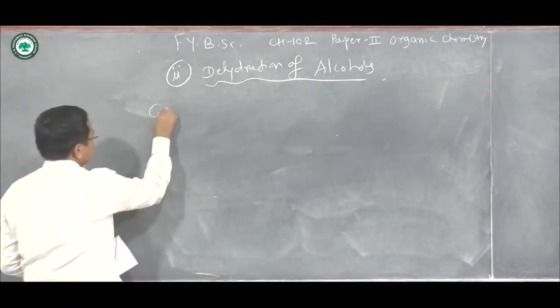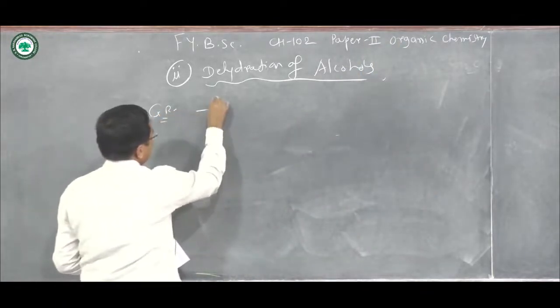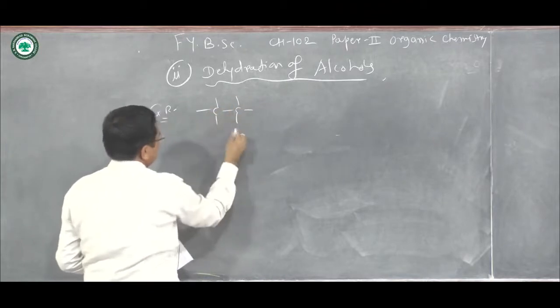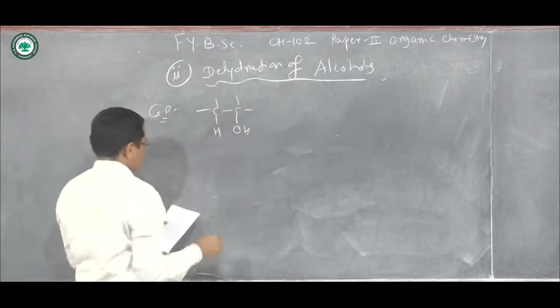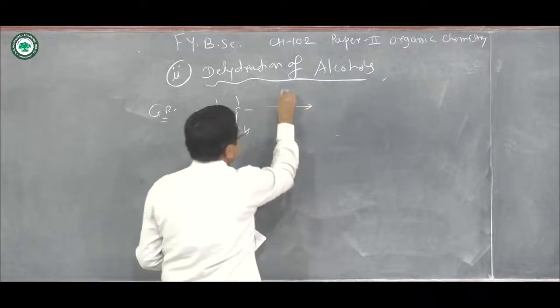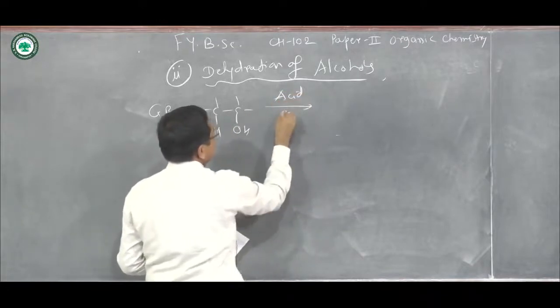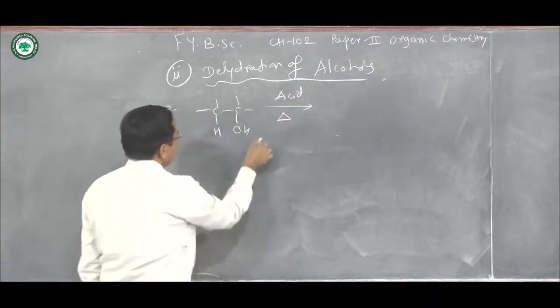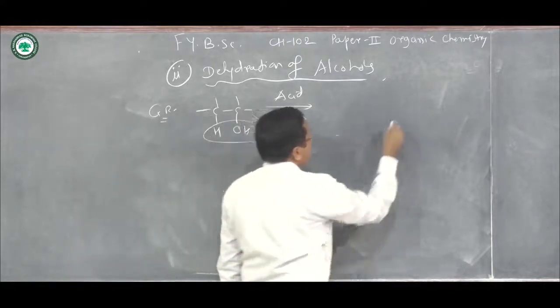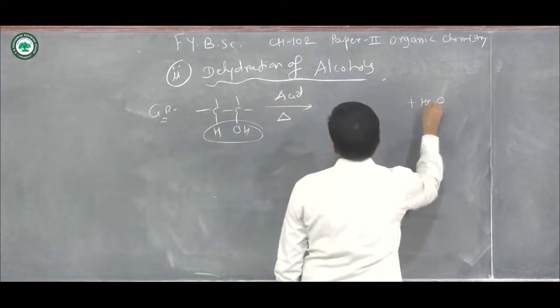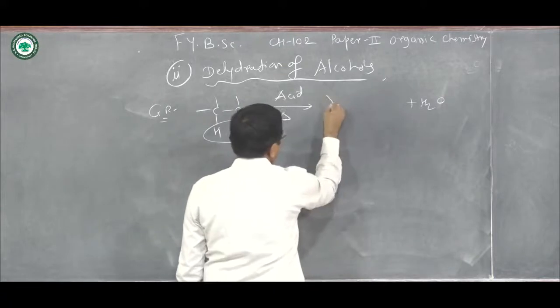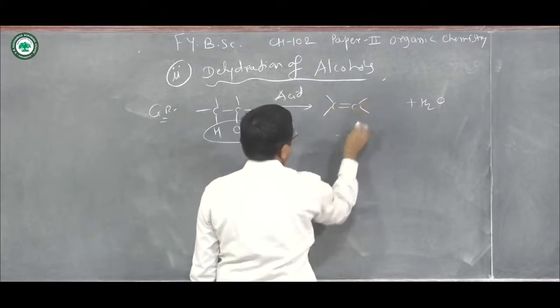General reaction. Now this reaction takes place in presence of acid and heat. Here this H2O molecule is removed from here. That's why it is called dehydration, and it forms the alkene.